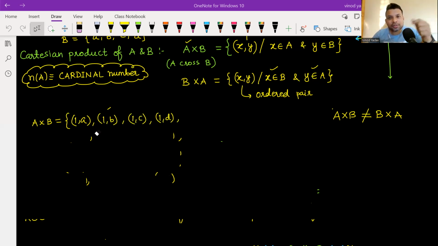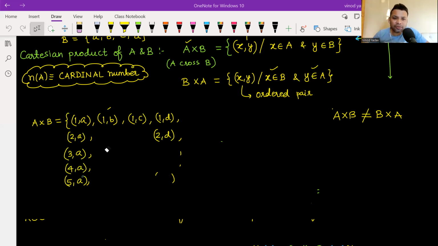Similarly, change the first element now. It can be 2A, 2B, 2C, 2D, and so on. 3A, 3B, 3C, 3D, 4A, 4B, 4C, 4D, 5A, 5B, 5C, 5D. So how many elements can you see here? There are 5 rows, and in every row there are 4 elements. Of course, 20, right?